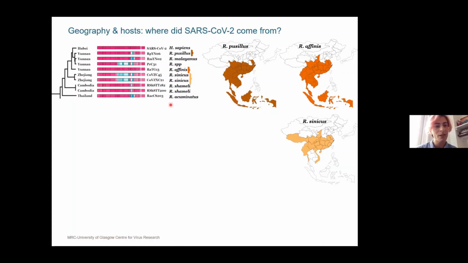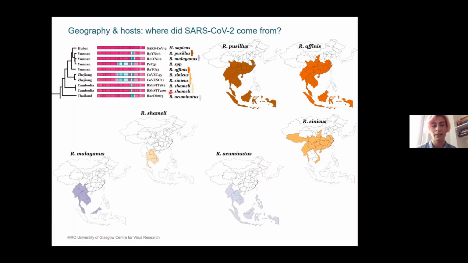And then for some of the viruses, for example, sampled in the Malay Peninsula, so Thailand, RAX203, and these Cambodia viruses, these are found in bat hosts that have a bit more restricted ranges. So Chameli is only found kind of here, so not in China, same with Echinatus.